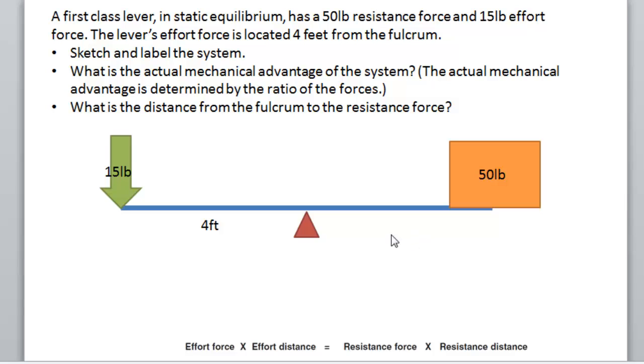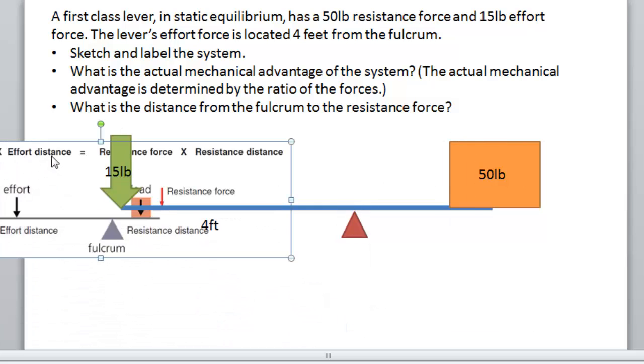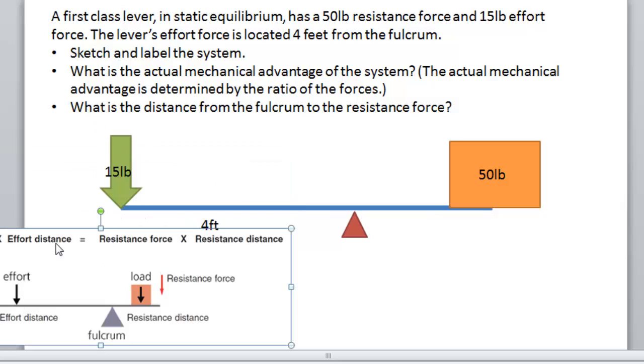Really, as I started to think about it, you need less effort than the resistance. So this arm must be longer. And here at the bottom I have that little graphic that's on your handout. The effort force times the effort distance is equal to the resistance force times the resistance distance.